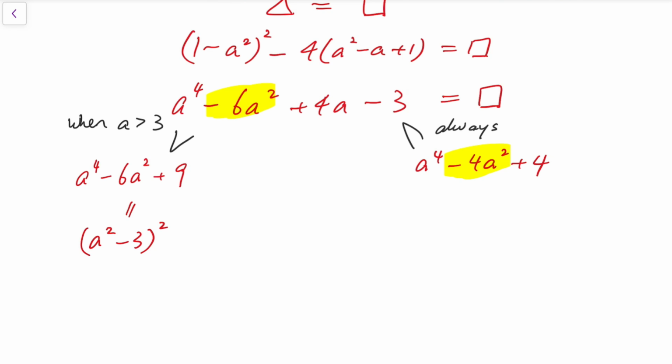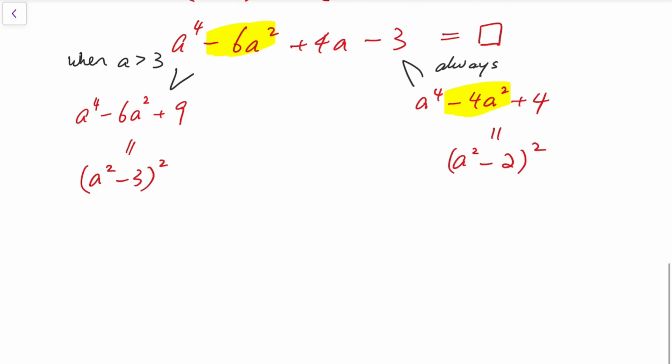So that means when a is larger than 3, we will have this quartic a to the power 4 minus 6a squared plus 4a minus 3 to be between these perfect squares, the square of a squared minus 3 and a squared minus 2, two consecutive squares. Since this quartic is between two consecutive perfect squares, the quartic itself cannot be a perfect square.